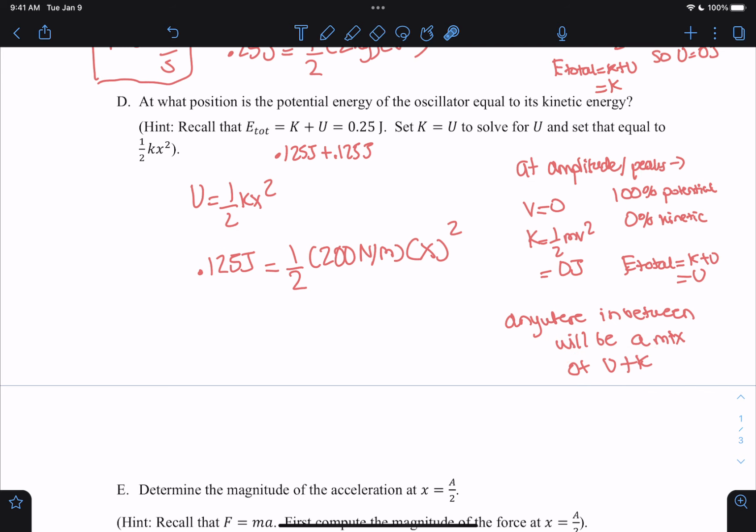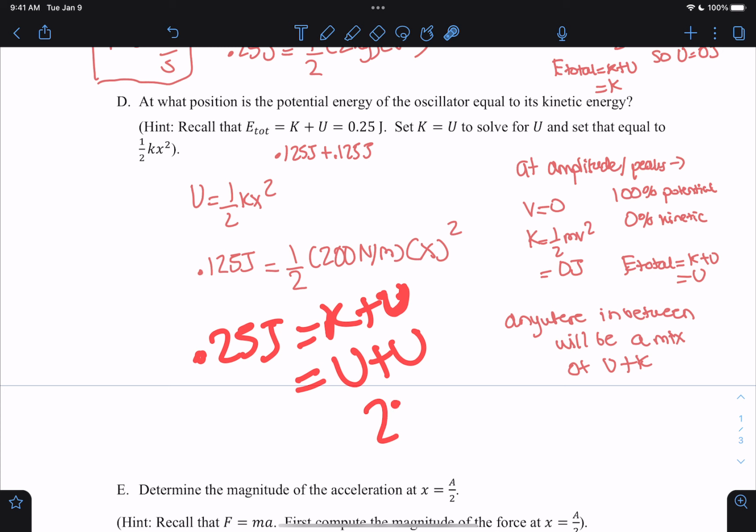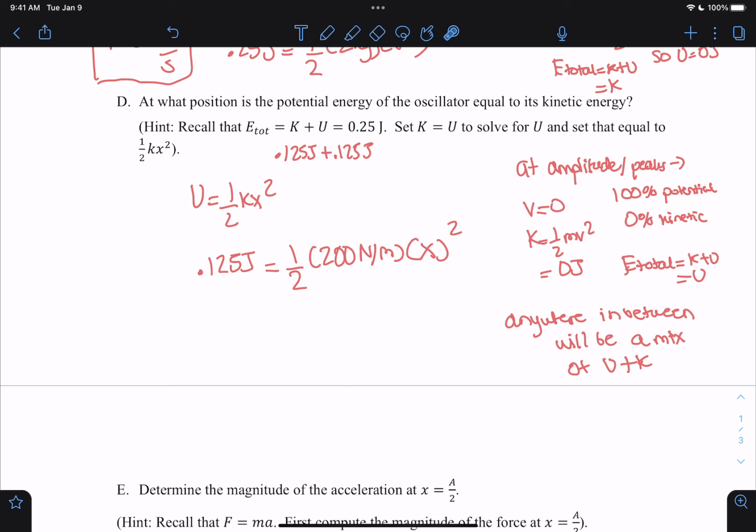They told us that U and K are actually equal to each other. So 0.25 joules is equal to K plus U, but K is equal to U, so U plus U is equal to 2U, and that's equal to 0.25 joules. Solving for U, 0.25 divided by 2, you should get U is equal to 0.125.